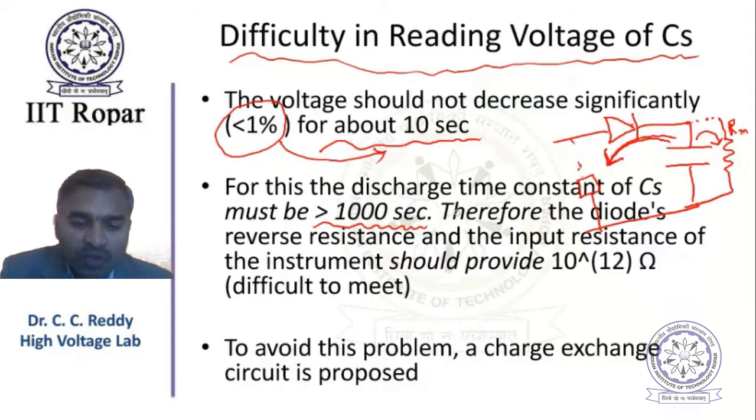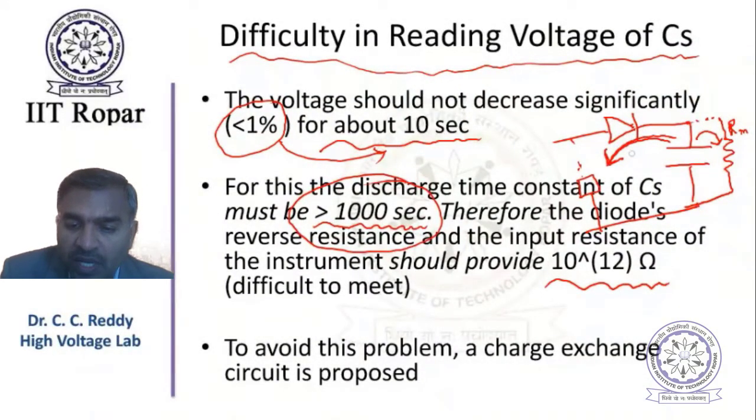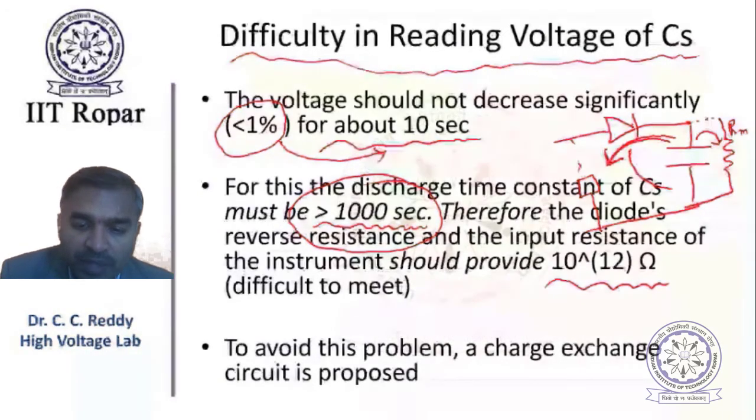So therefore for these times, R into CS more than 1000 seconds, we require around 10 to the power of 12 ohms, that is the combined value, the parallel value of this diode as well as the input impedance of the meter.